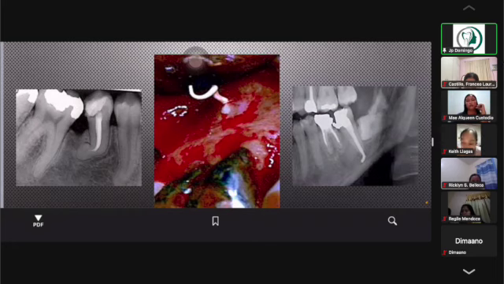In the clinical case, the gutta-percha has been extruded into the submucosal tissue. So, periapical surgery was required to remove the excess and also to ensure that the root end is filled. And this usually happens when the filling material used is paste type. Okay? Paste type.